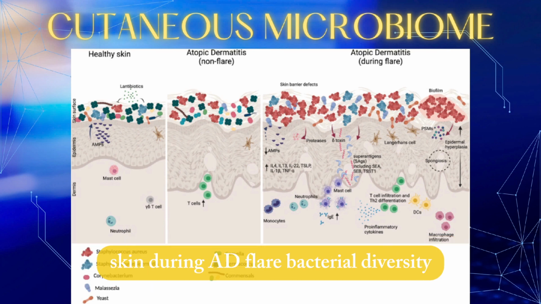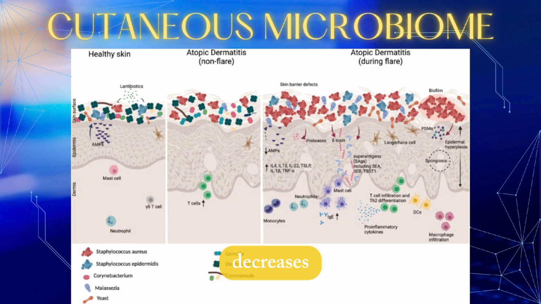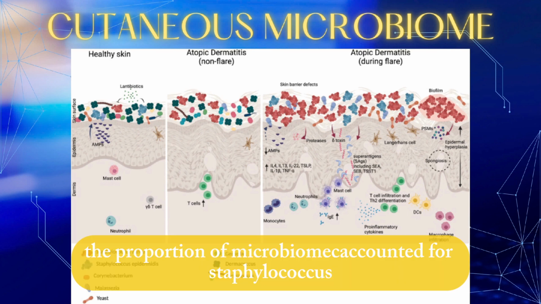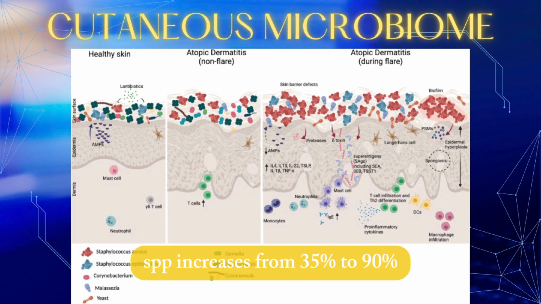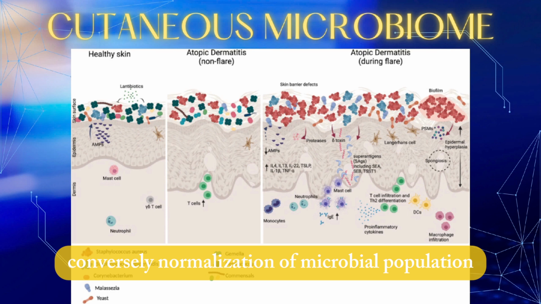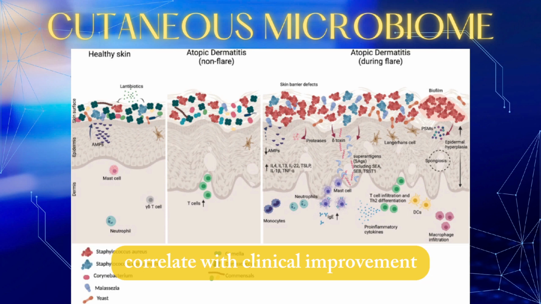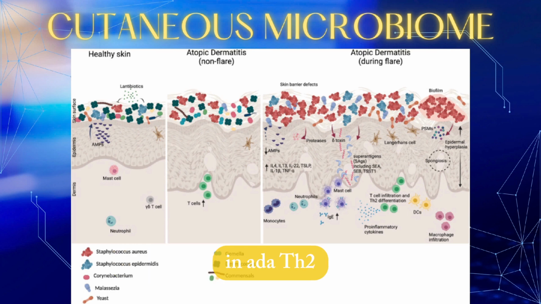During AD flare, bacterial diversity decreases. The proportion of the microbiome accounted for by staphylococcal species increases from 35% to 90%. Conversely, normalization of the microbial population correlates with clinical improvement in AD. Superantigens can promote the development of a Th2 immune response.